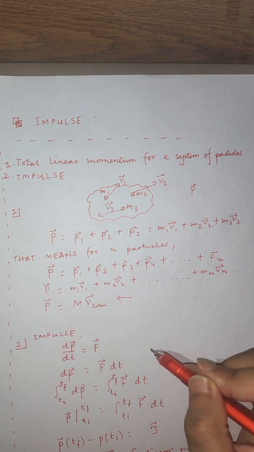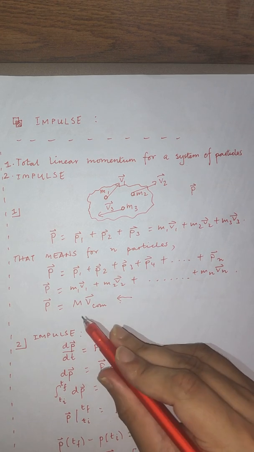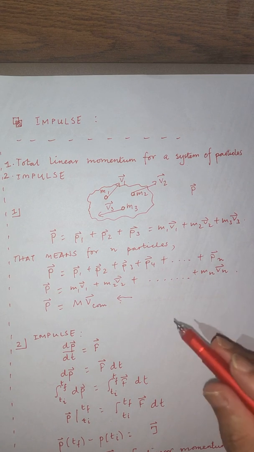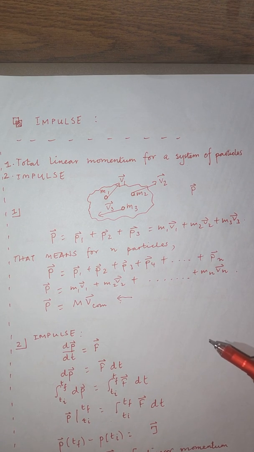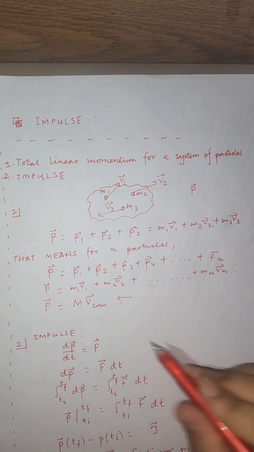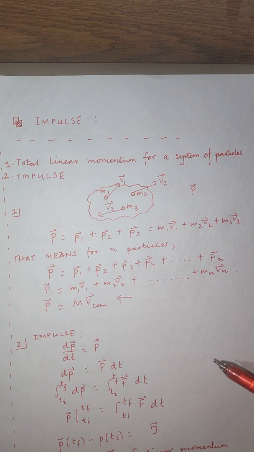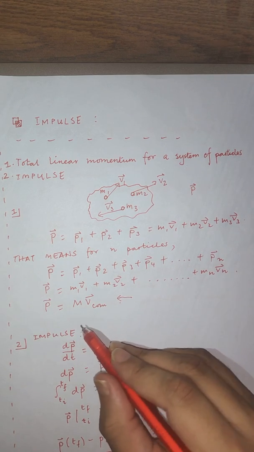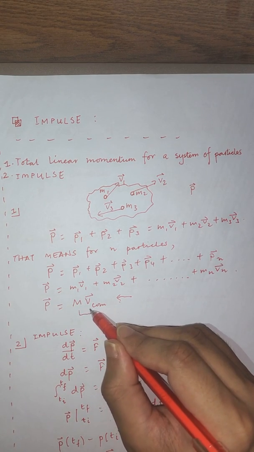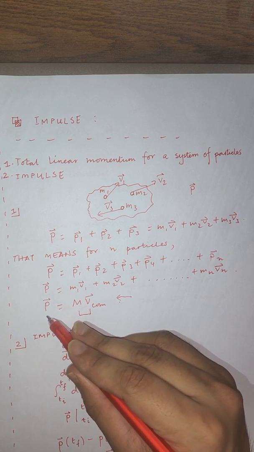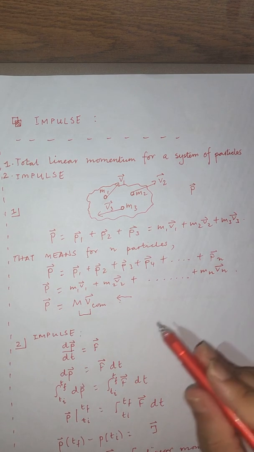So if we know the total mass of a system of, let's say, n particles, and if we know what the velocity of the center of mass of that system of particles is, then we can just multiply those two and compute the total linear momentum for that system of n particles.